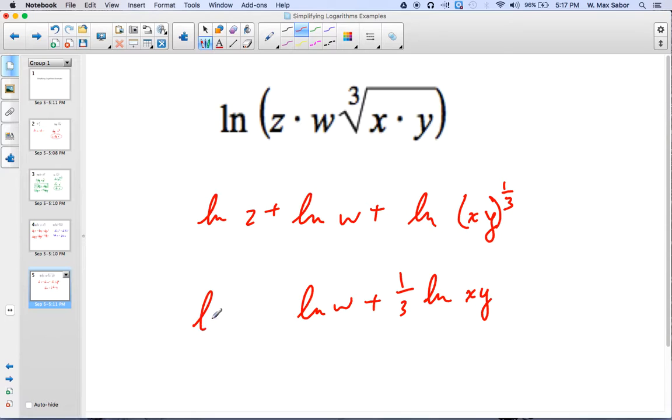Now, we've used the power rule, and then there's also the product rule over here, which says that this is natural log of z plus natural log of w plus 1/3 times each of these. When we split natural log of xy into natural log of x plus natural log of y, we have to say that it's 1/3 times both of those things.